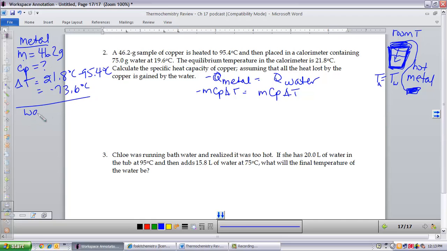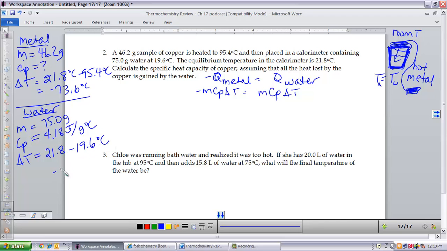73.6 degrees. Now let's look at our water information. We have a mass, a Cp, and a delta T of water so that we can plug them into this equation over here. The mass of water is 75 grams. The Cp, you'll have to look that up on a standard chart. It's 4.184 joules per gram degrees C. I rounded to 3 significant digits, so you might get a slightly different answer if you use all of the digits, but that's okay.